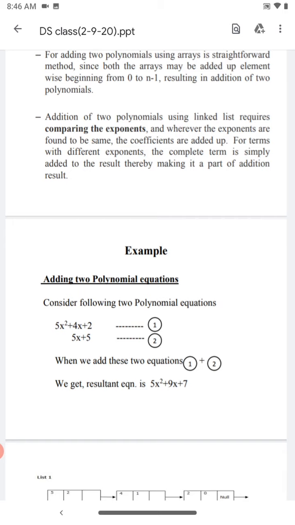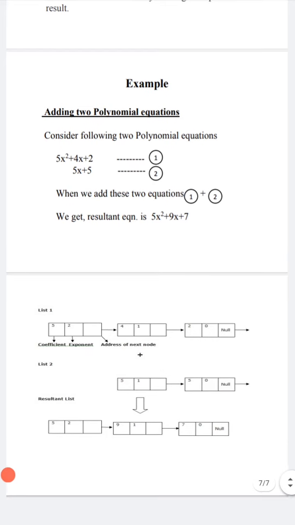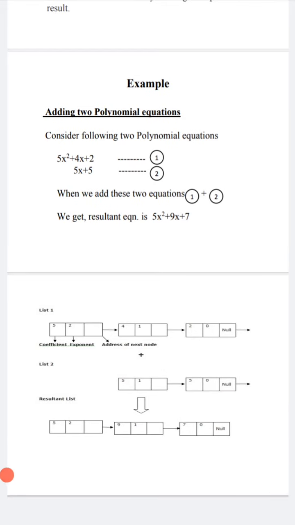If the exponents are different, the complete term is simply added to the result, thereby making it a part of the addition result. We consider the following example.